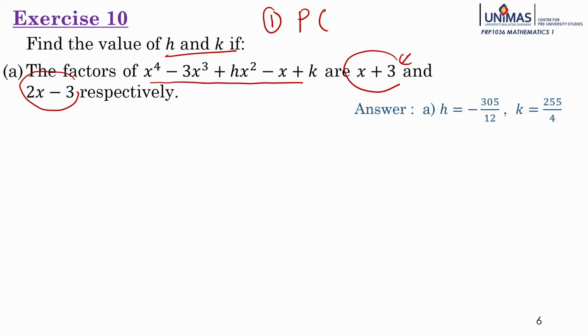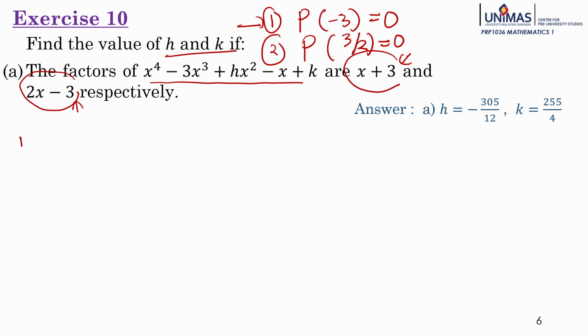So P(negative 3) equals 0. And the second one, we substitute the value of a as 3 over 2, so P(3 over 2) equals 0. I hope that you know how to find the value of a if you saw the previous video. Now we have to solve them one by one. Solve this one first.